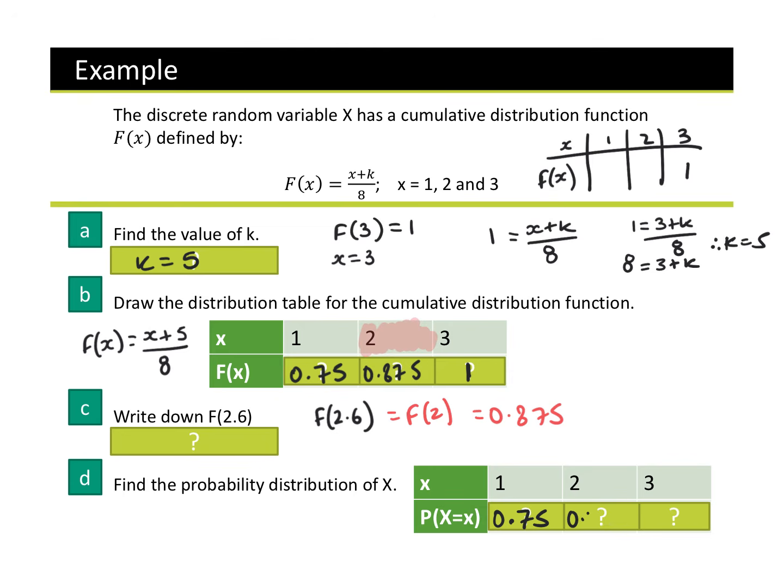And it's 0.125. And then from 0.875 to 1, what did I add on? 0.125. So I've worked backwards to find my actual frequencies, which in this case is my actual probabilities. And again, what should they all add up to? 1.